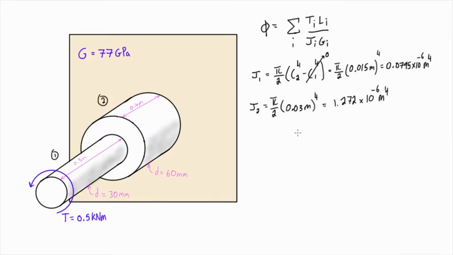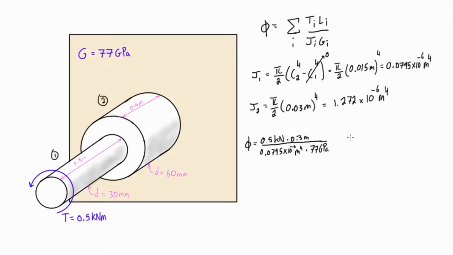Alright, so now we want to plug these into our angle of twist equation. We'll do it by parts, so part 1 first. We have 0.5 kilonewton meters times the length of this section, which is 0.3 meters, all over J, so 0.0795 times 10 to the minus 6 meters to the power of 4 times our modulus of rigidity, 77 gigapascals.